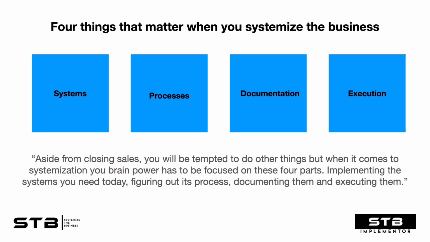So I want to keep iterating these 4 things: systems, processes, documentation, execution. Aside from closing sales, you will be tempted to do other things. When it comes to systemization, your brain power has to be focused on these 4 parts: implementing the systems you need today, figuring out their processes, documenting them, and then executing them.